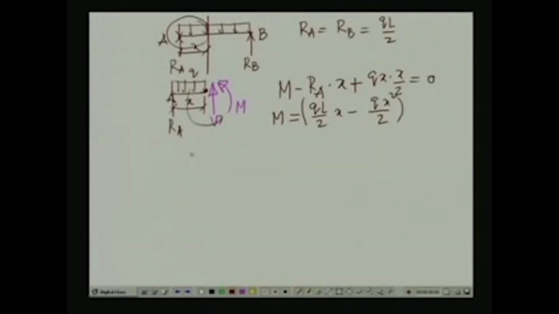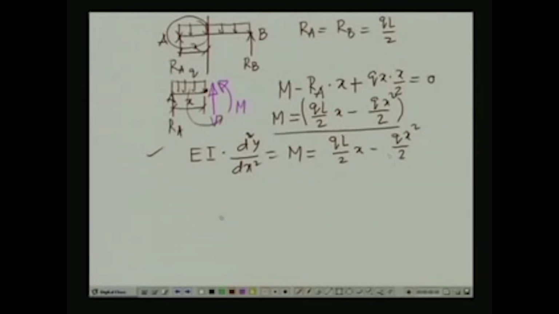Now, as we have seen, E I d2y dx2 is equal to bending moment M. This is our differential equation for the elastic curve. Since we are going to find the equation of the elastic curve, we start from this point, and M is equal to Q L by 2 x minus Q x square by 2.